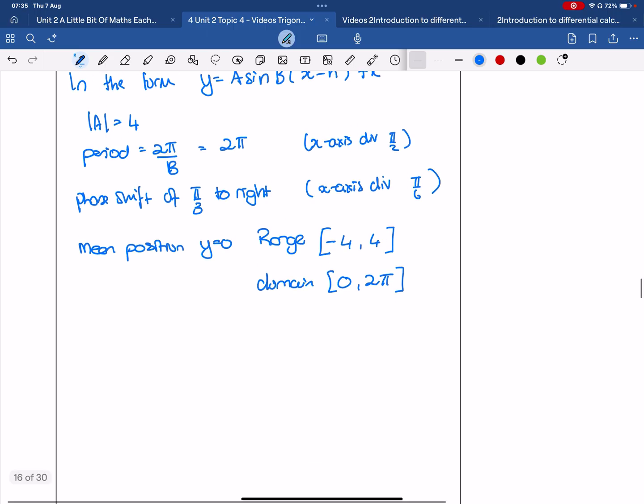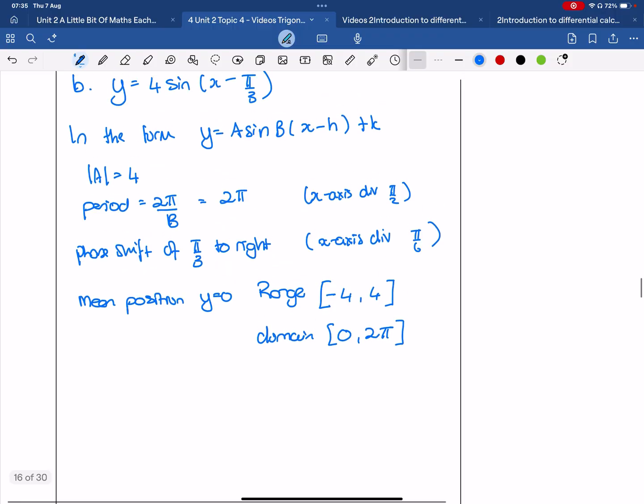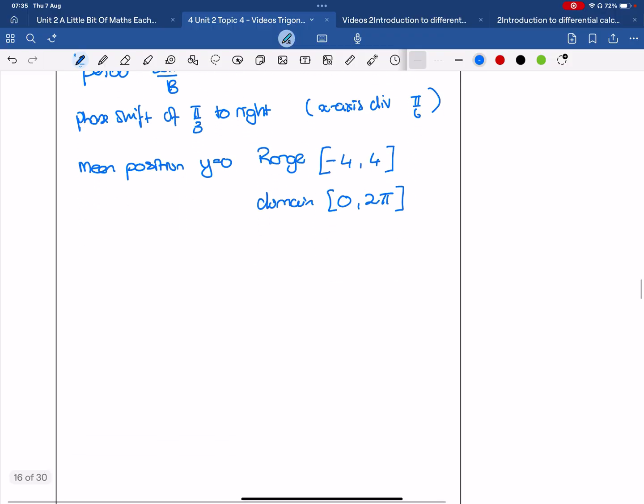All right. Because of my shift, I need to know what the endpoints of my domain are.